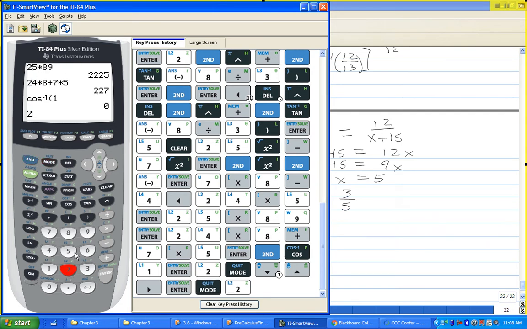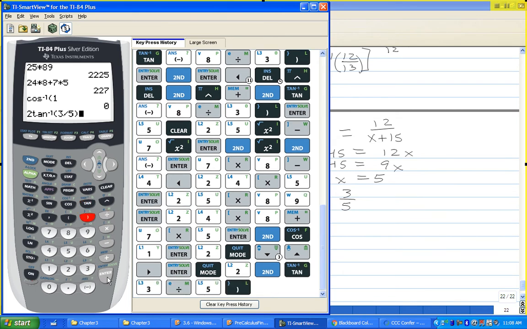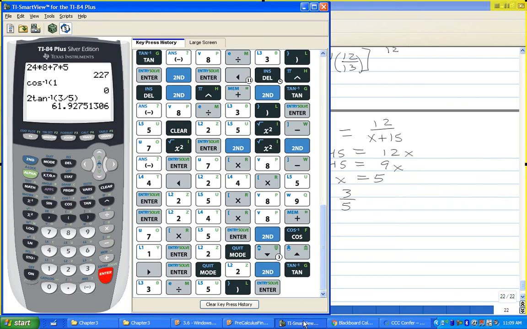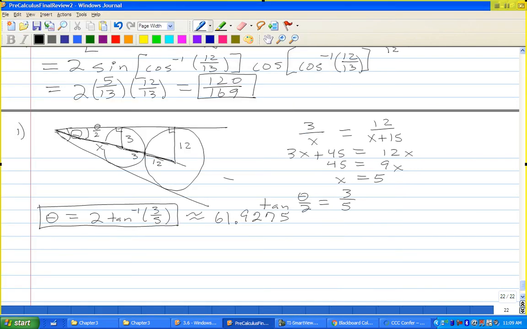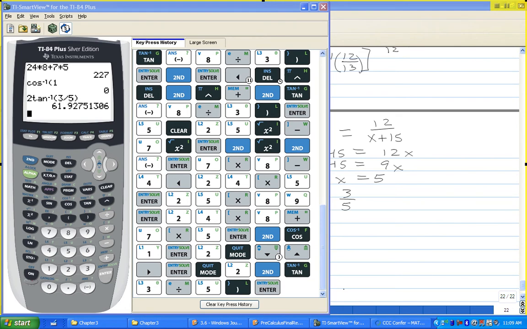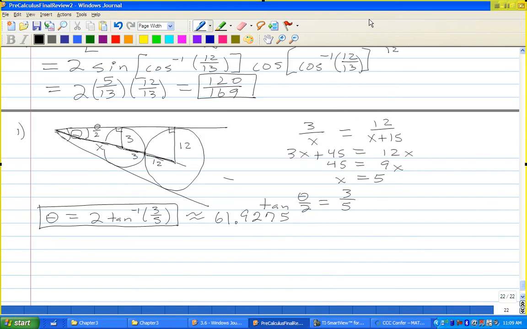So 2 arctan of 3/5 is 61.9275 degrees. And round to the nearest tenth of a degree: 61.9 degrees.